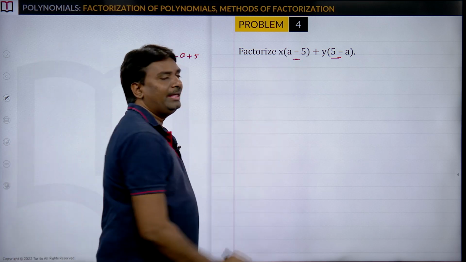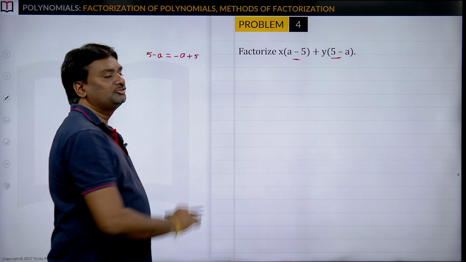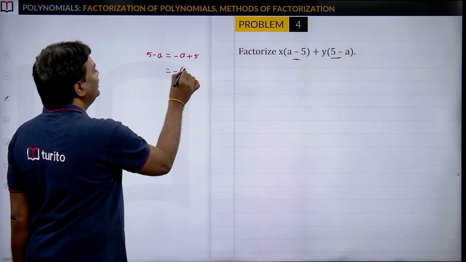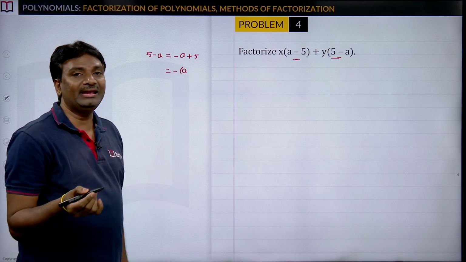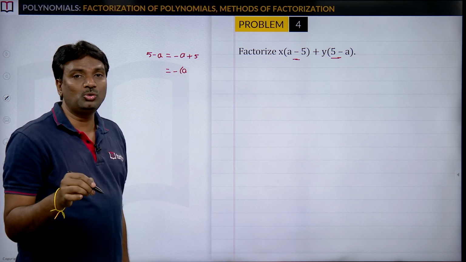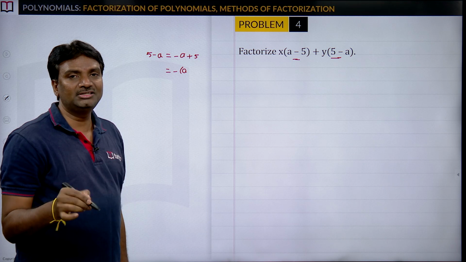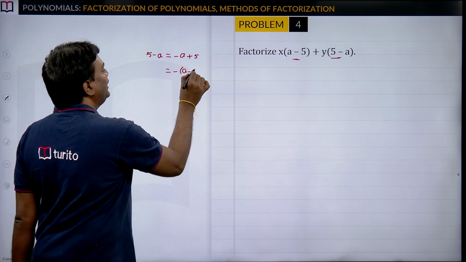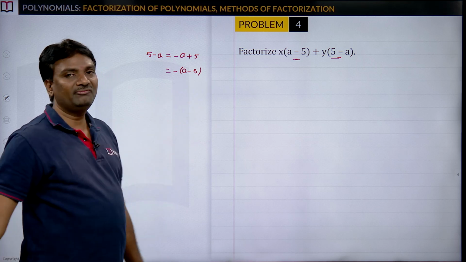I have taken minus a is the first term, 5 is the second term. Here we have a minus 5. Here also to get a minus 5, if you take minus as common, where plus can be written as minus into minus. We know minus into minus is plus, already we have taken minus as common. So, minus of a minus 5.